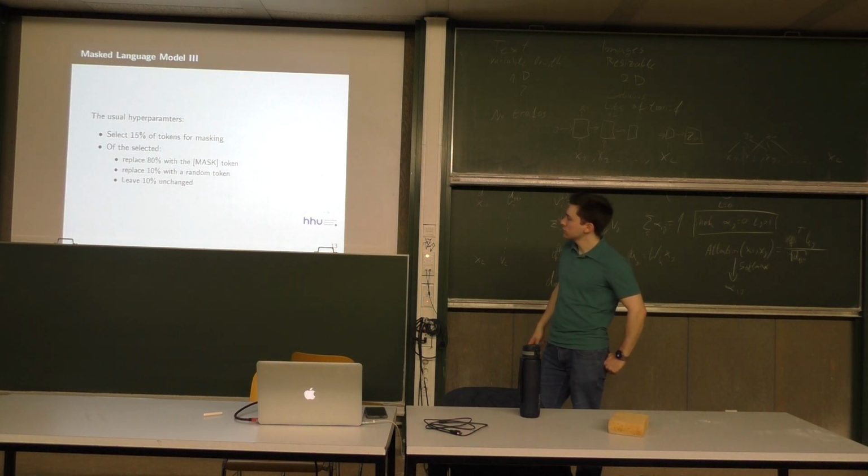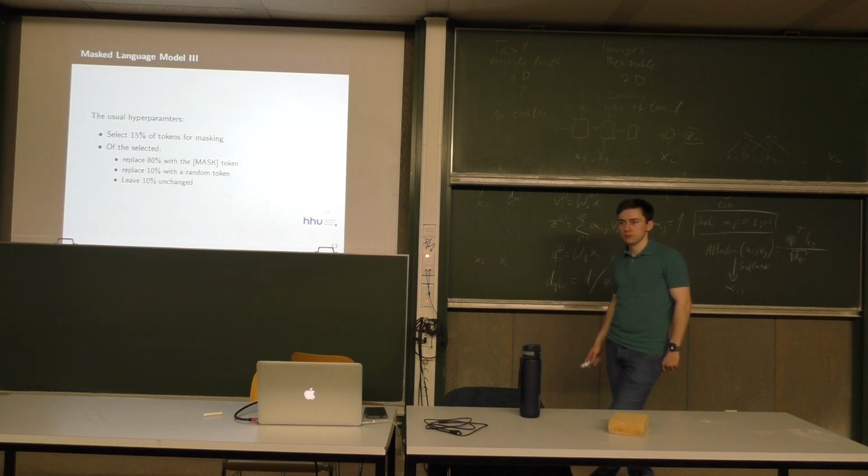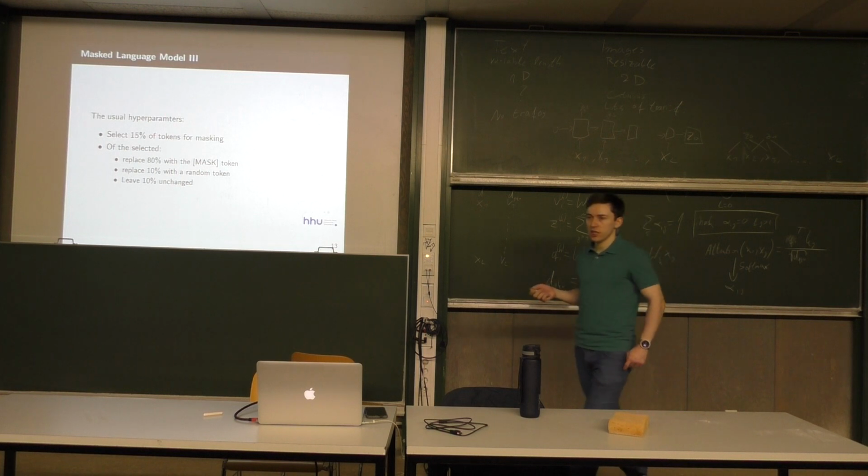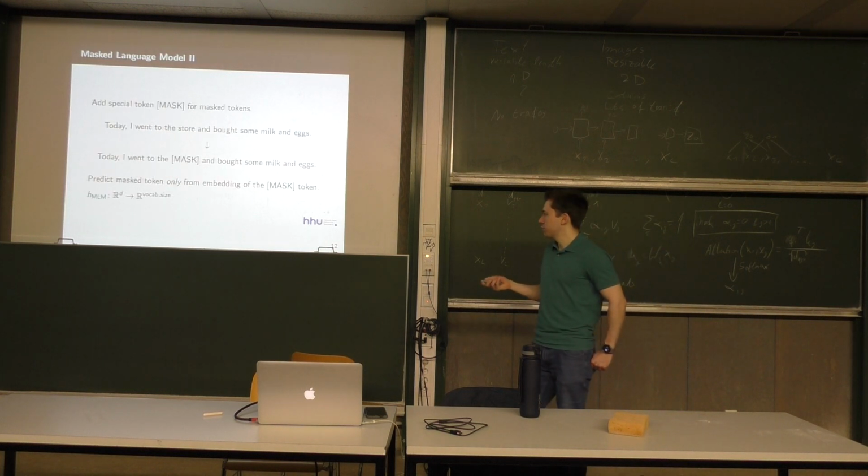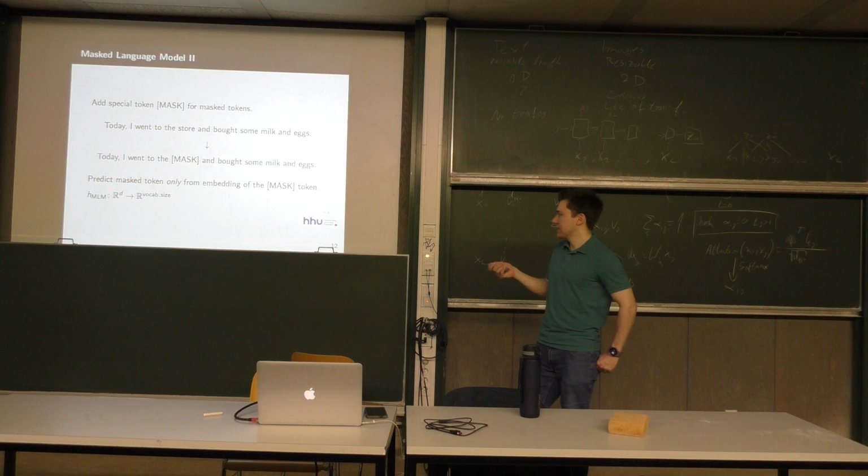Why are we going to leave a 10% change? We can just increase or decrease our 15% of tokens for masking at the beginning and just delete this bullet point. No, because only the selected tokens are given to this prediction layer here. That means that sometimes the prediction layer will get the input that is already correct.